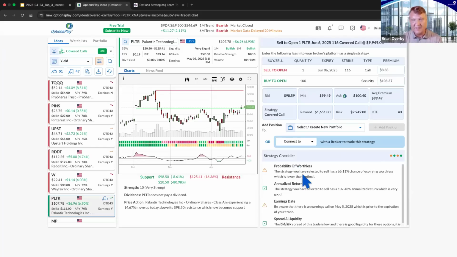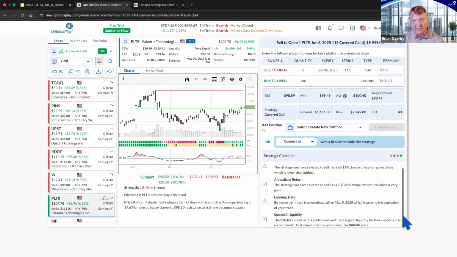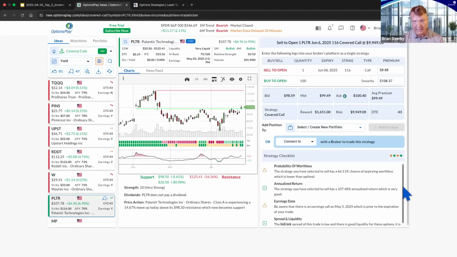Okay, so this is basically telling you what's the probability that your option contract will expire worthless at the expiration date of the option contract. And in this instance, there's a 66% chance of it expiring worthless. And I'll highlight this. This is one of the things, there's kind of a checklist whenever you're doing an option trade.